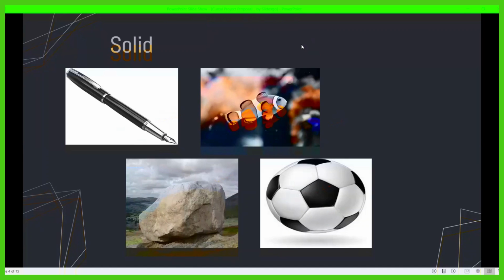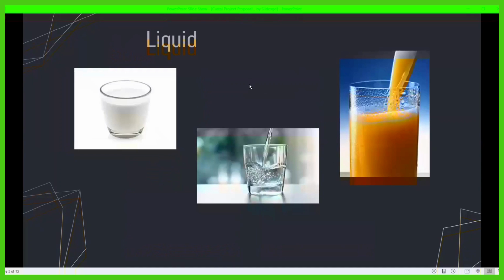And of course, when we are speaking about a complex living organism, the entire body can be compared to a solid. But if you're thinking about the blood that runs around a living organism, that will be a liquid. And if we are thinking about the respiratory system, the gas that we are inhaling and exhaling will be something that belongs to the category of gas. And here I have given some examples for liquid.